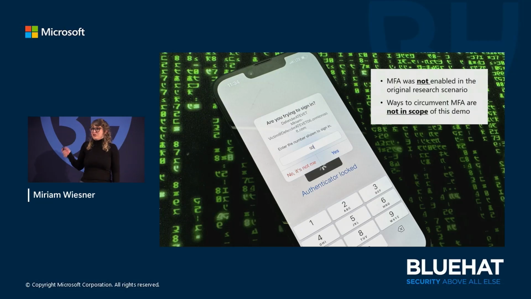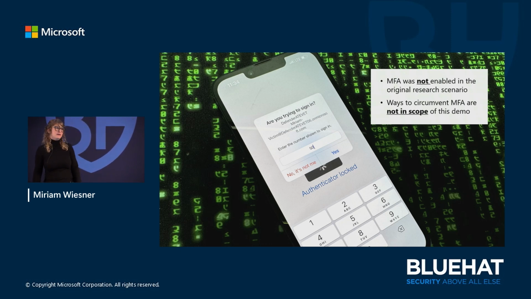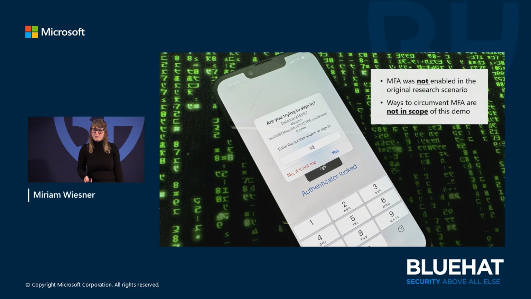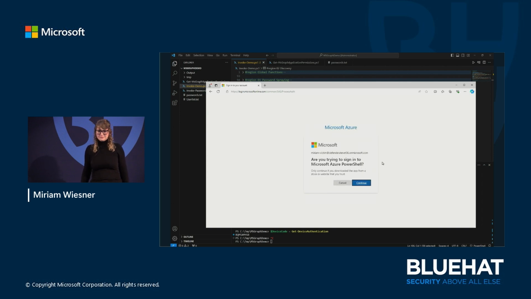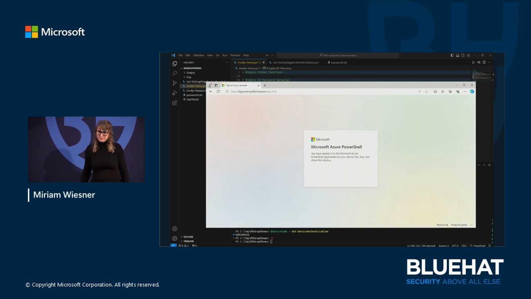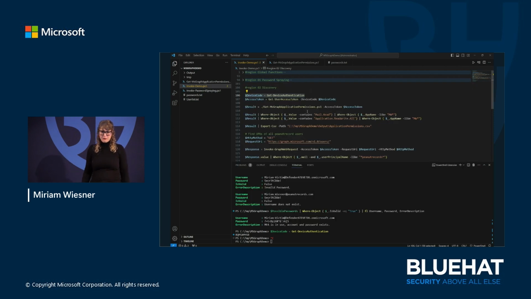Since this presentation is about Microsoft Graph, yes, I know it's possible to bypass MFA, but we are not looking into that. So I'm just saying, yes, I want to sign in. And we want to sign in to use Azure PowerShell. And here we go.